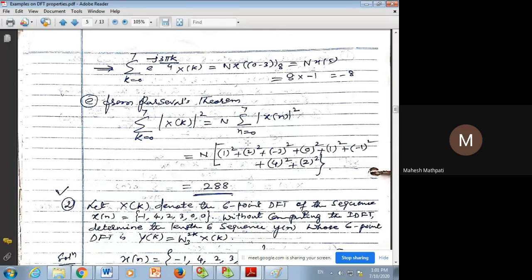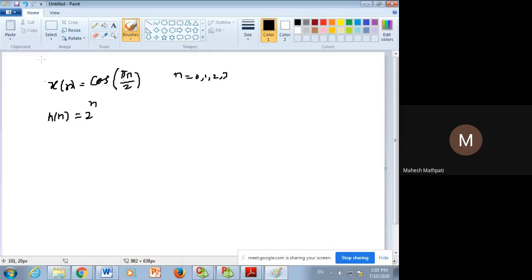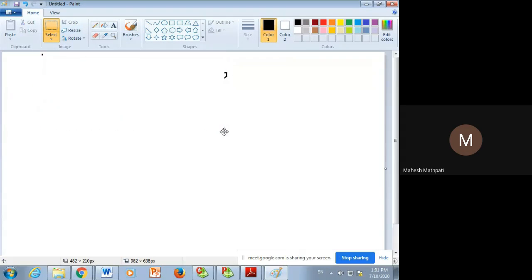Okay. Have you noted the question? Yes, sir. Now you just note down the solution, and note down the given sequence once again. So what is given?